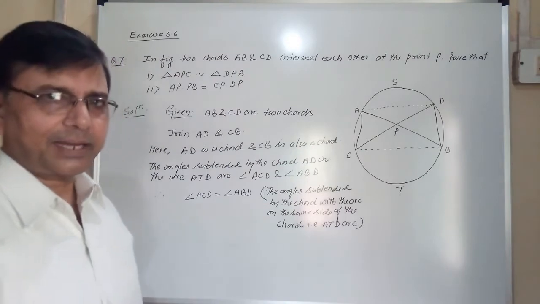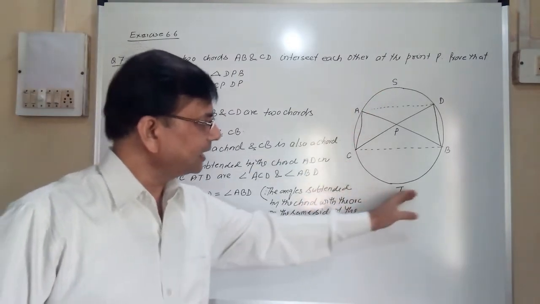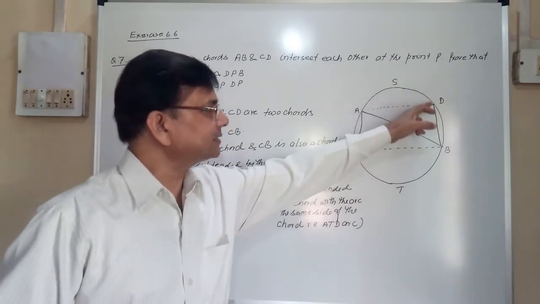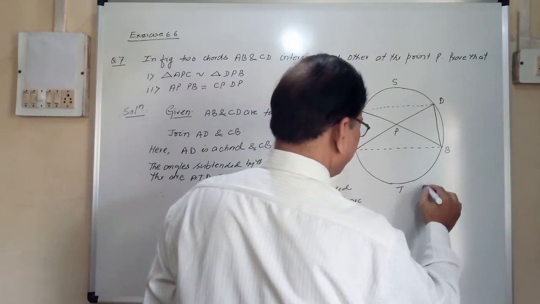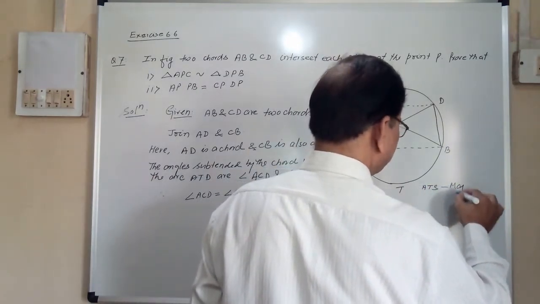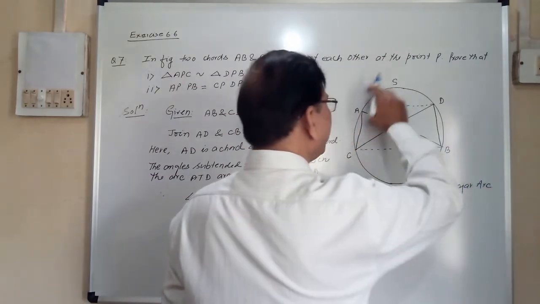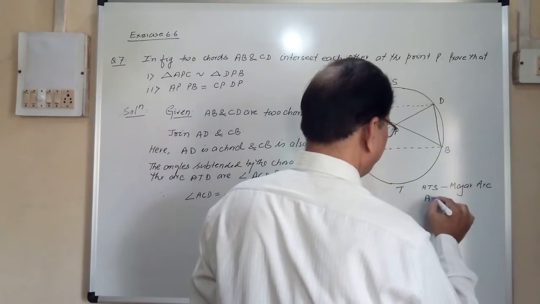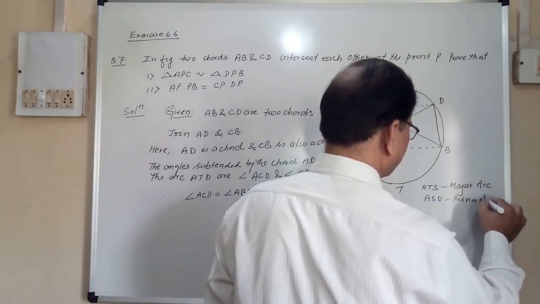This is the theorem as a matter of fact. If this is the bigger arc and this is the smaller arc, this bigger arc ATD is called the major arc, whereas ASD is called the minor arc.